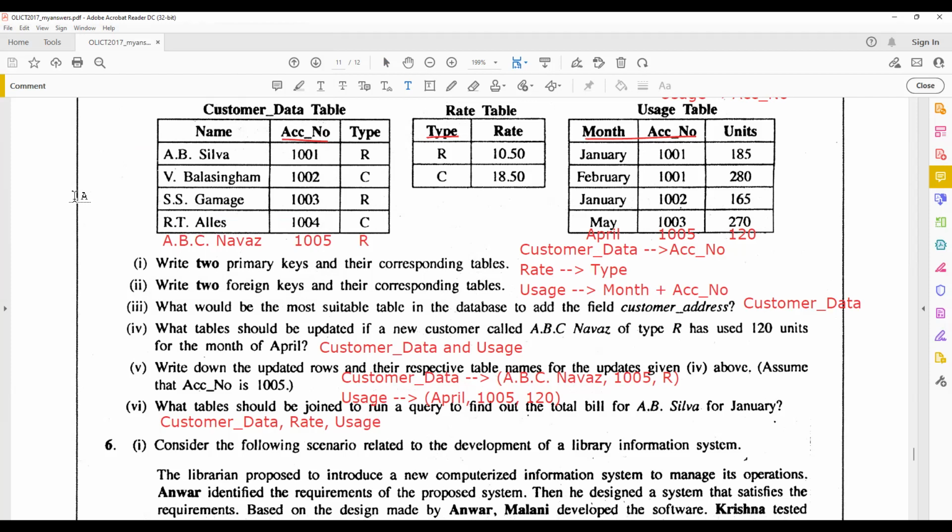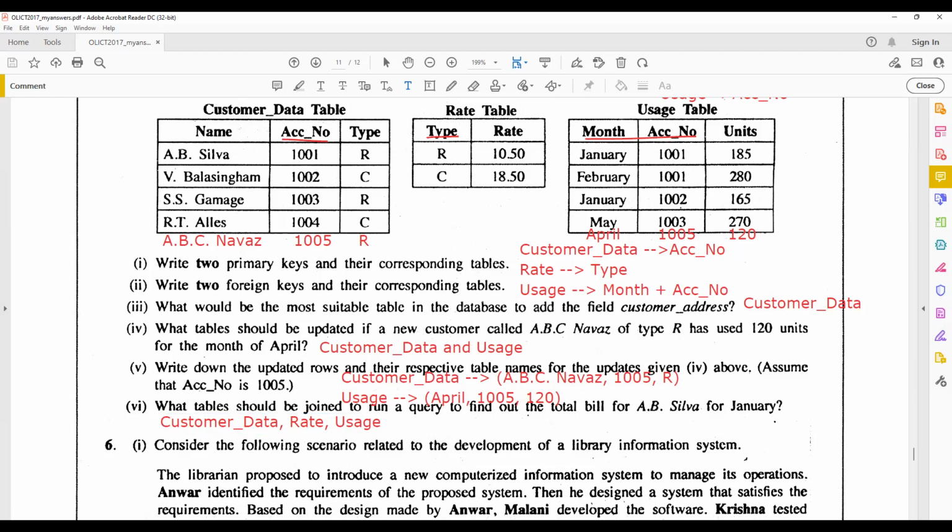Make a note of this. Again, remember the spellings, and also you have to include all the three, otherwise you won't get marks. If you have only two, they will not give you marks. If all the three table names are there, then you will get 2 marks.